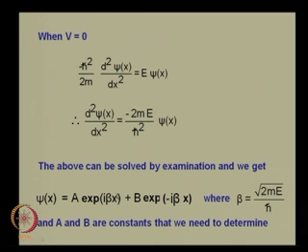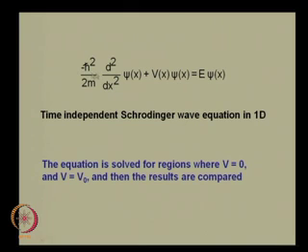If you just differentiate it twice, you will get beta square times xi of x, and the beta square is this value here. Therefore beta is simply the square root of 2mE by h bar square. So beta is what you have here, and the i takes care of this minus sign, and a and b are constants that we do not know at this point, and we will need to determine them, okay.